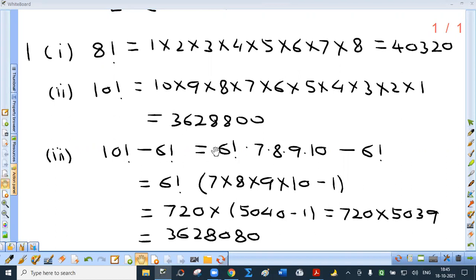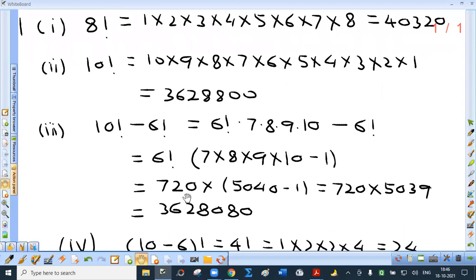So what is 10 factorial? 6 factorial into 7 into 8 into 9 into 10, less 6 factorial. Take 6 factorial common to get, in bracket, 7 into 8 into 9 into 10 minus 1. Now 6 factorial is 720. This product is 5,040, less 1. So this is the answer.